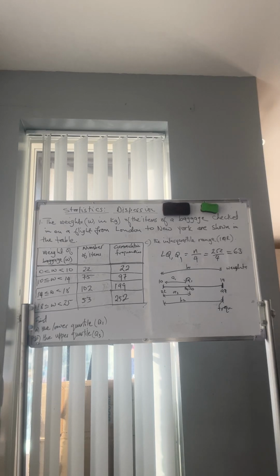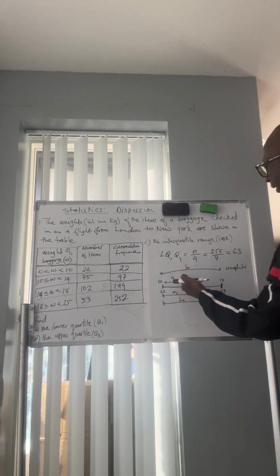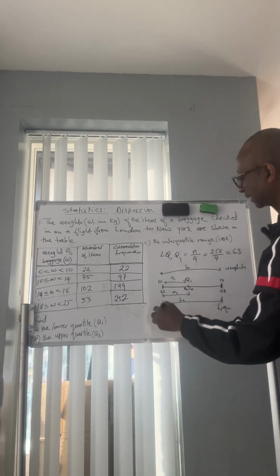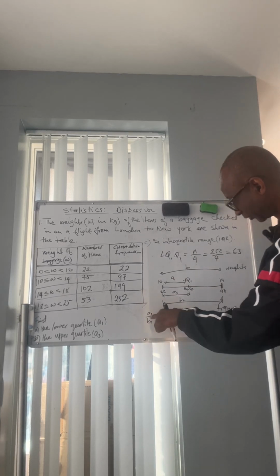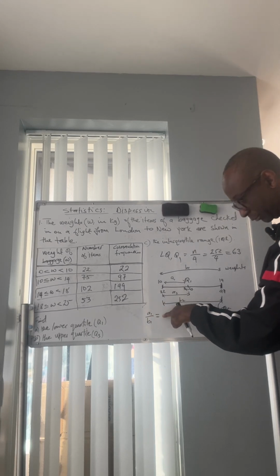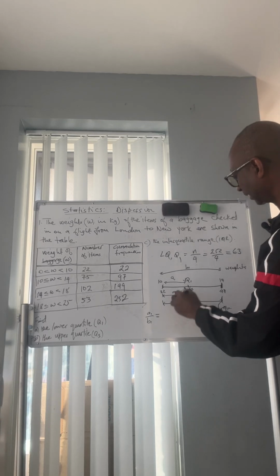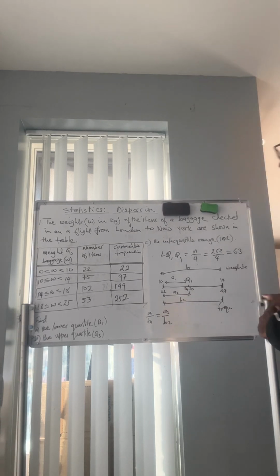What does it tell us? What can we do with it? You see from here to here is A1, and from here to here is B1. So you know that A1 all over B1, that ratio, now we're using proportion, must be equal to A2 all over B2.